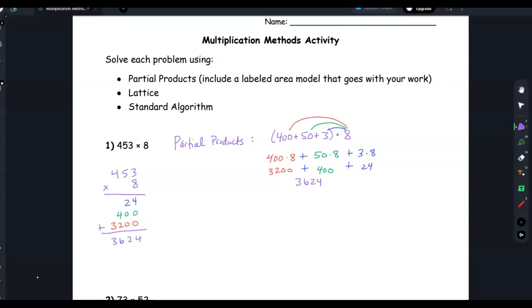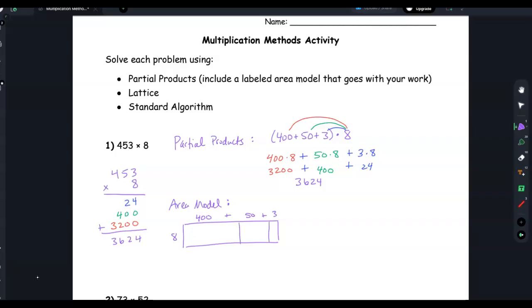And then the area model that goes with this. So there's no need to expand one side of this, but the other side, the longer side, should be 400 plus 50 plus 3.